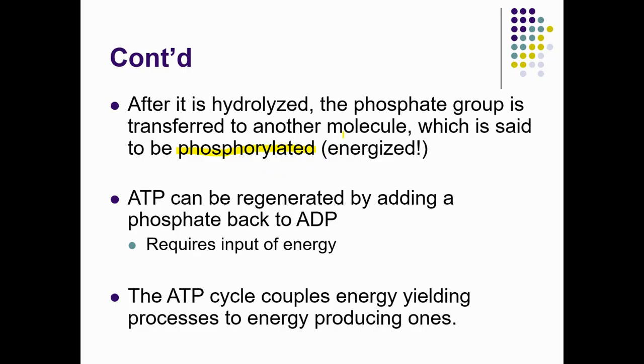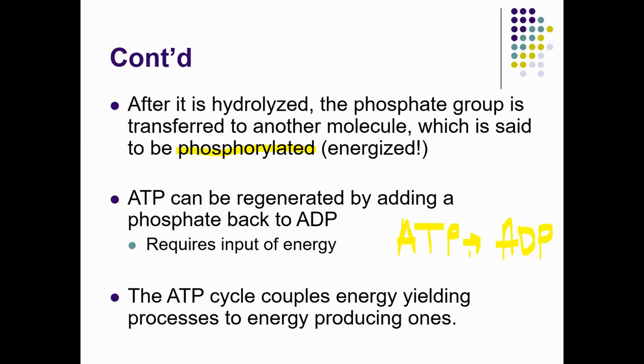And so the phosphate is added to something else, and it transfers the energy with it. Now the thing is, once we lose a phosphate, ATP, which has 3 phosphates, if one of those phosphates breaks off, it's no longer ATP, it is now ADP, which is a diphosphate.